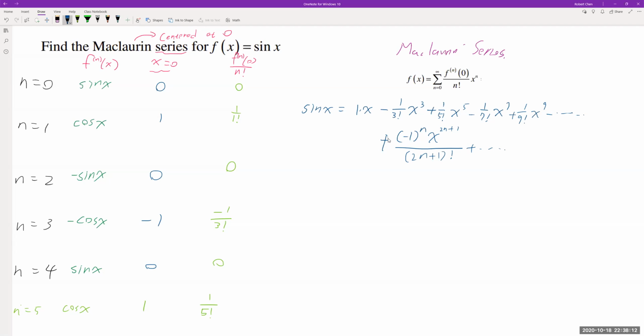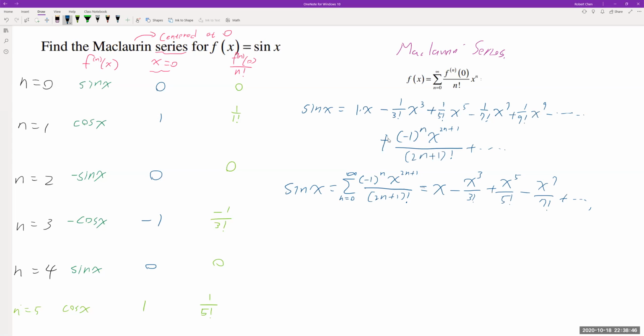So let's summarize it. Sine x can be written as the infinite sum from 0 to infinity of negative 1 to the n, x to the 2n plus 1 over 2n plus 1 factorial, which will look like x minus x cubed over 3 factorial plus x to the 5th over 5 factorial minus x to the 7th over 7 factorial plus dot dot dot and so on.